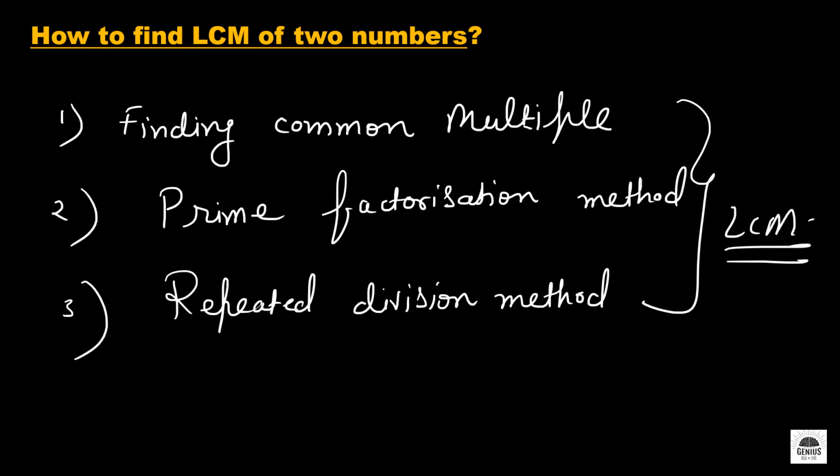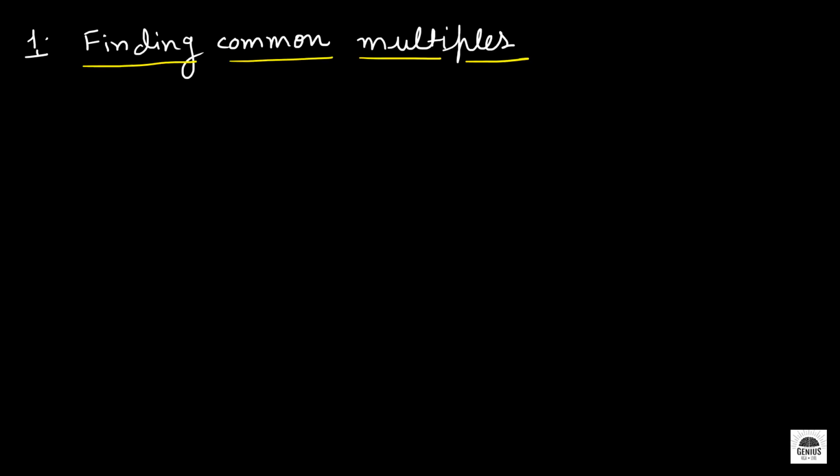First we will discuss how to find the LCM by finding common multiples. Let's take an example. I'm taking two numbers, 8 and 12. First of all, we write down the multiples of 8 and 12.